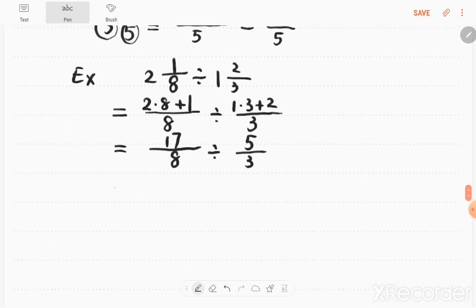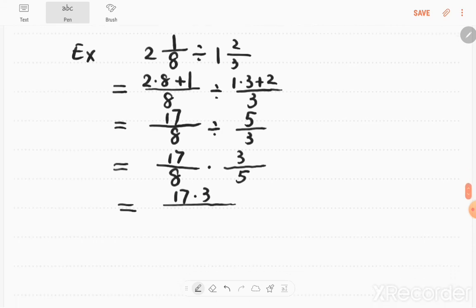So remember, a fraction divided by another fraction is just like times the reciprocal of it. So we do the multiplication.